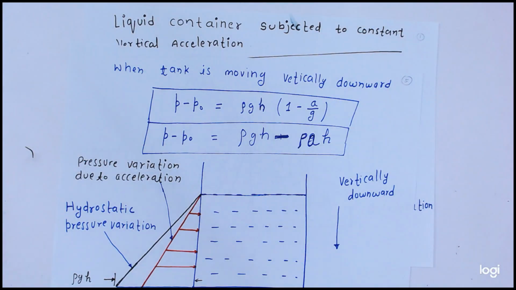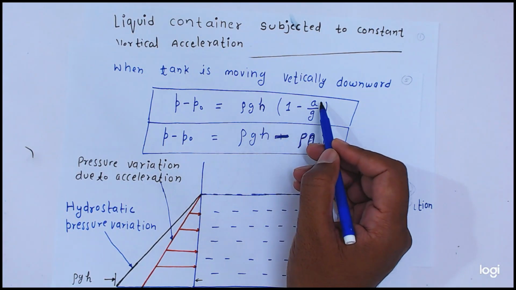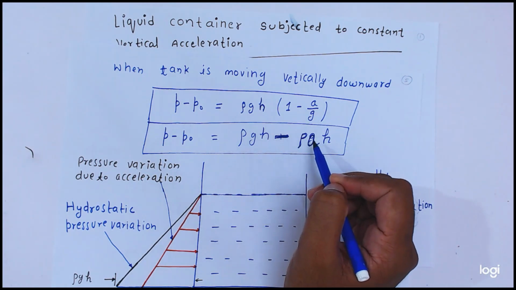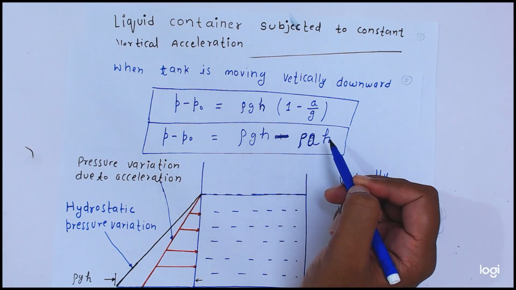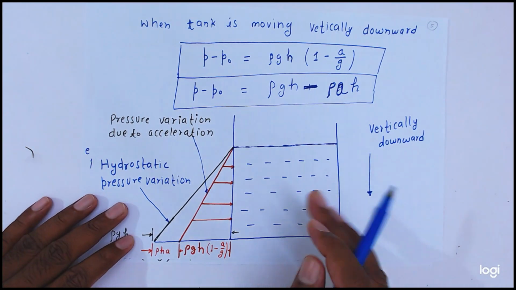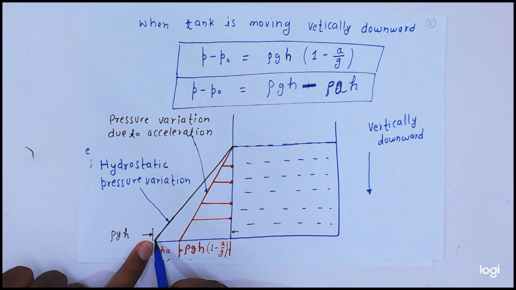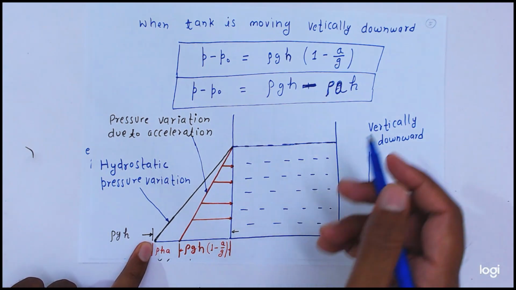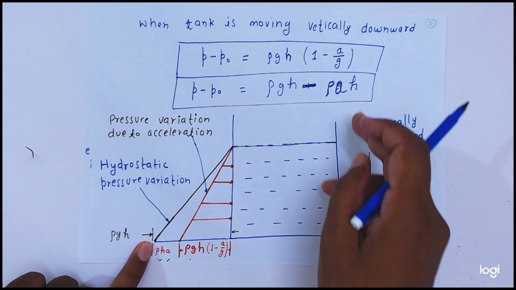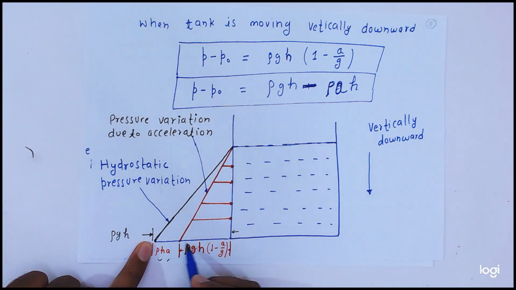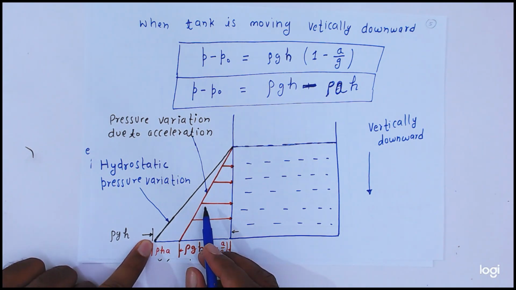Now it will be minus: rho gh times 1 minus a by g, or we can say rho gh minus rho ah. Here this is the static pressure rho gh, but it is also coming with constant acceleration in the downward direction, so the net will decrease. So rho gh times 1 minus a by g is the resultant pressure.